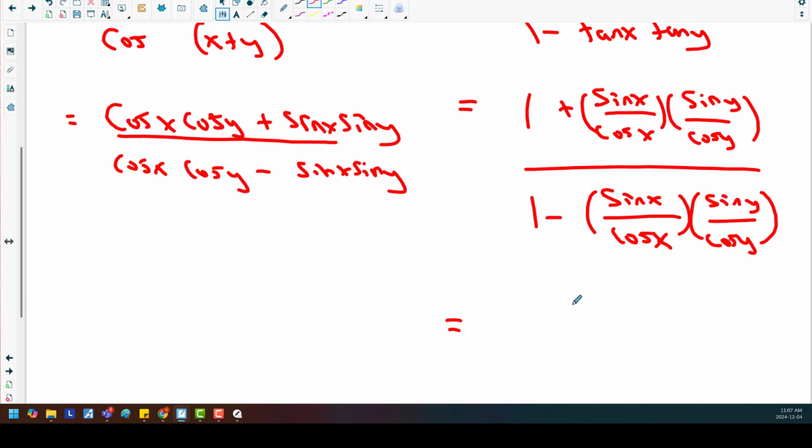Okay, now what? Well, let's common denominator it. So 1 over 1, the denominator for this fraction is cos x cos y, so I'm going to multiply this by that.